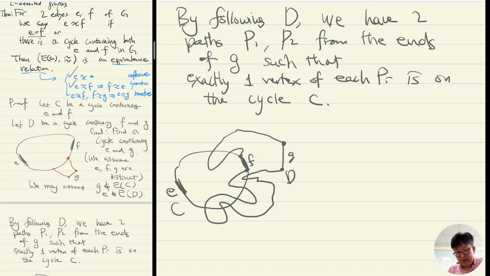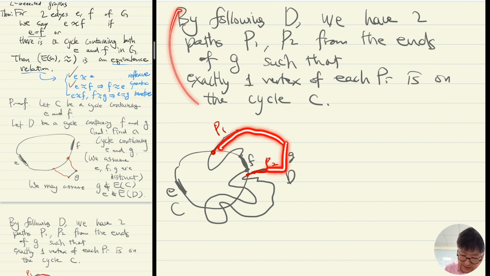So what's happening? Well, I got this for my P1 and this for my P2. So what I wrote here is we follow this cycle D until we hit the first vertex to meet C.